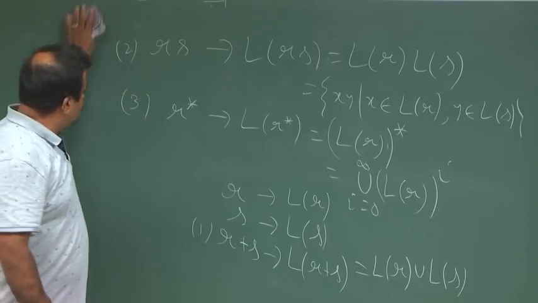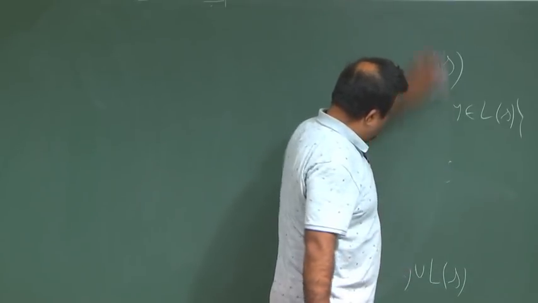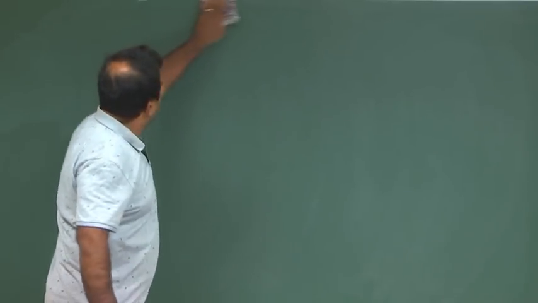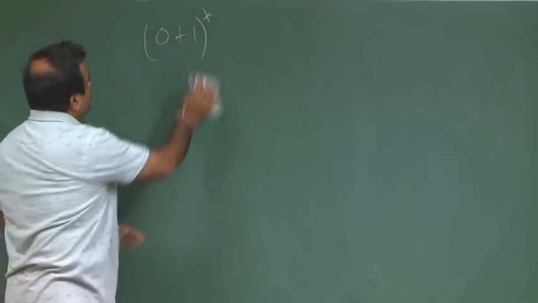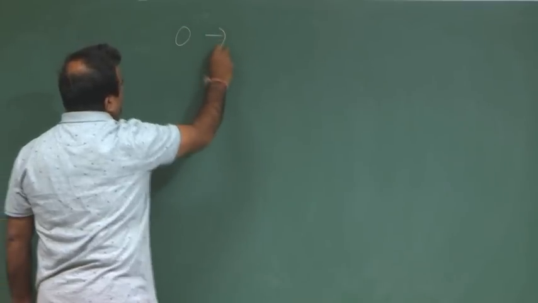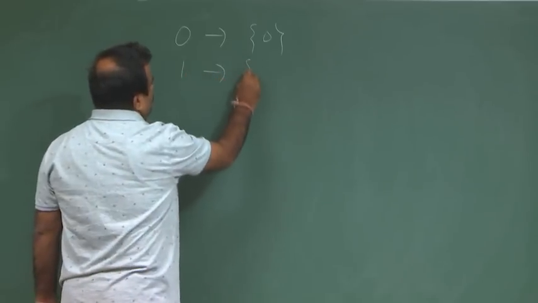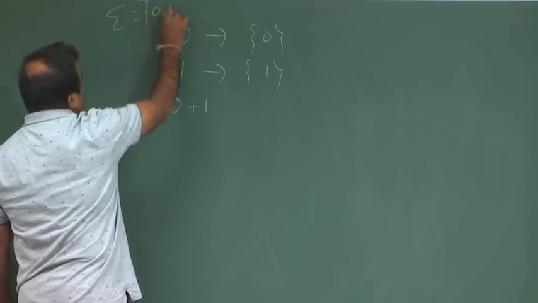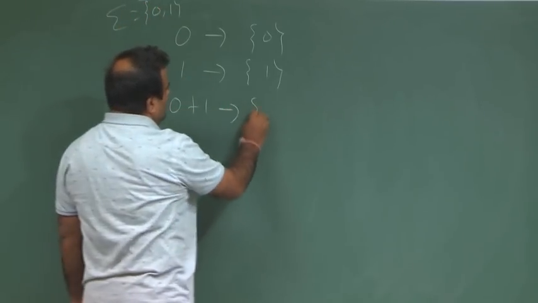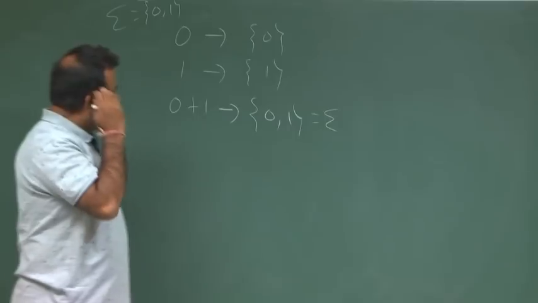So, before that let us quickly talk about some examples. A regular expression corresponds to a language. So, (0 plus 1) star. Okay, what is the 0? 0 is representing just the singleton set containing 0, and 1 the singleton set containing 1. Now, if sigma is {0, 1}, then 0 plus 1 will represent sigma.